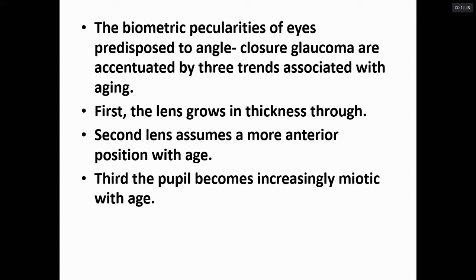We know that as aging occurs, there is a change in the lens thickness. Second, the lens assumes a more anterior position with age. And third, the pupil becomes increasingly miotic with age. So these three factors are presumed as biometric peculiarities for primary angle closure with age.